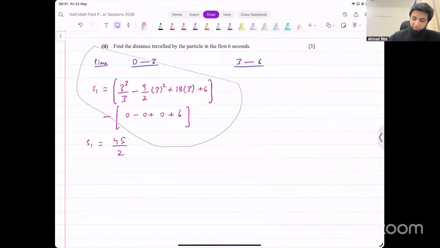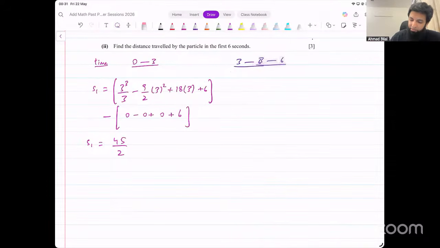Now, what about the displacement for the second part of the journey, from 3 to 6? Again, you input limits. Let's call that the second displacement. Input time equal to 6 in that. So that will be 6 cube over 3 minus 9 over 2 into 6 squared plus 18 into 6 plus 6.